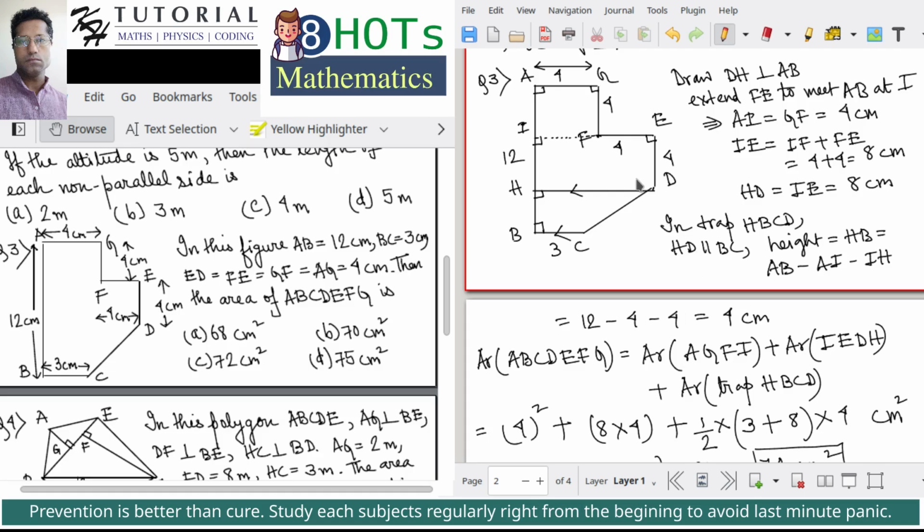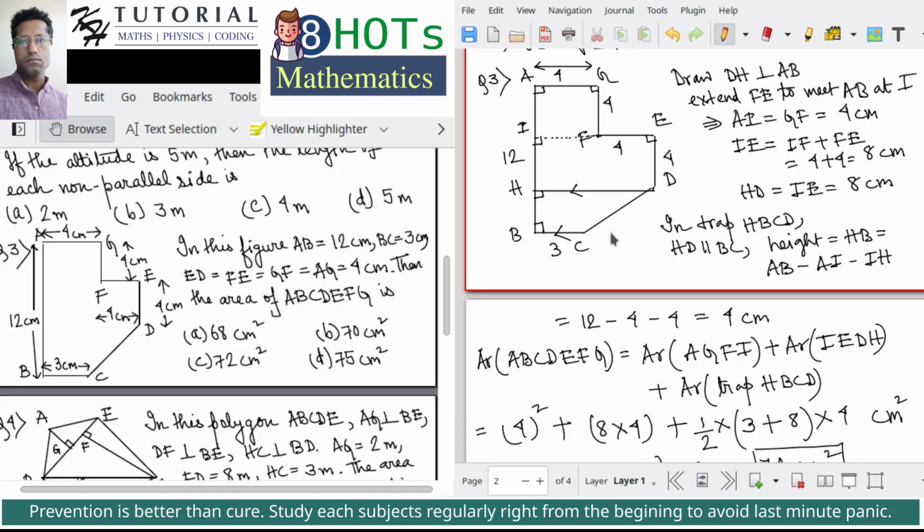The tricky part was that it was important to note that AG is not equal to BC. BC is shorter than AG. So if you extend the GF, it will not meet the point C, and hence it was necessary to divide this entire figure in this way.